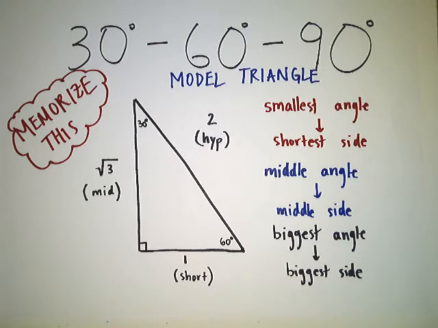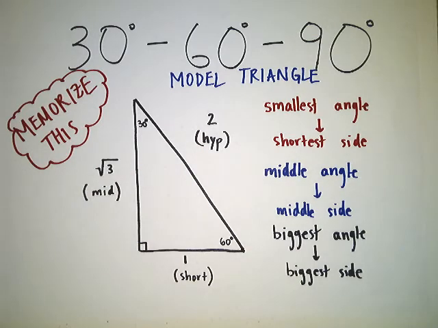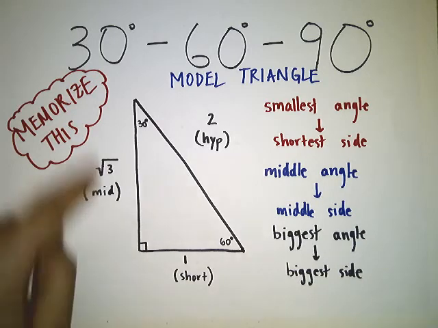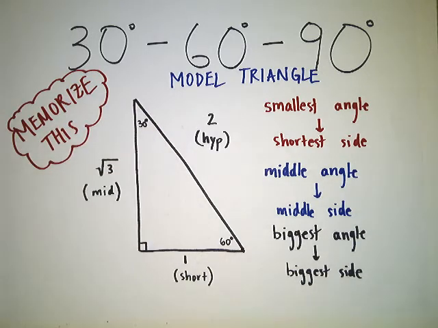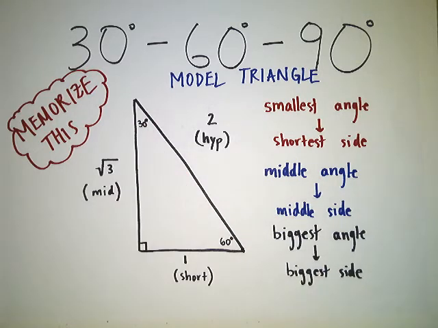First, the three sides are different lengths. We have the short side, a middle side, and the hypotenuse, which is always the longest side of a right triangle. Next, the shortest side is opposite the 30-degree angle.